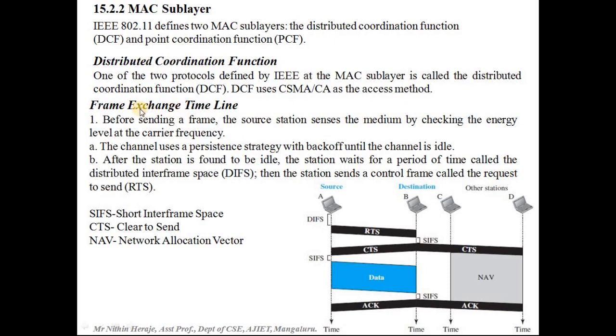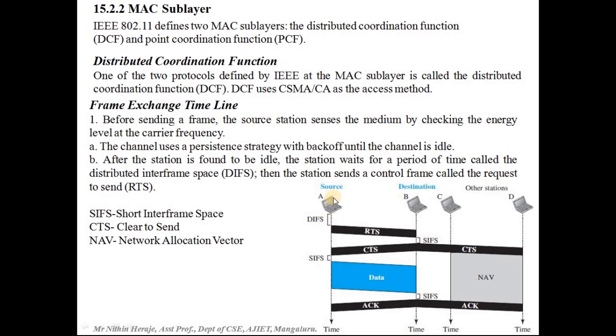So how they exchange the frames, we'll look at with this diagram. If a source wants to send some data through the network to a particular node or destination, it will sense the medium until it is idle, depending on the signal in the medium.